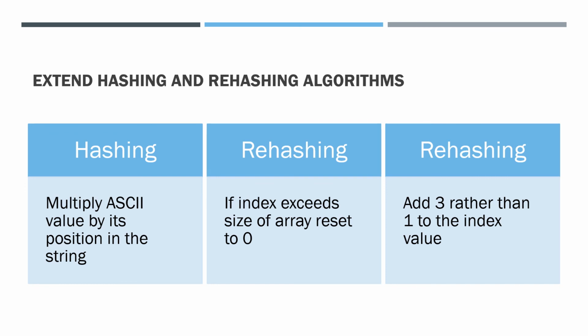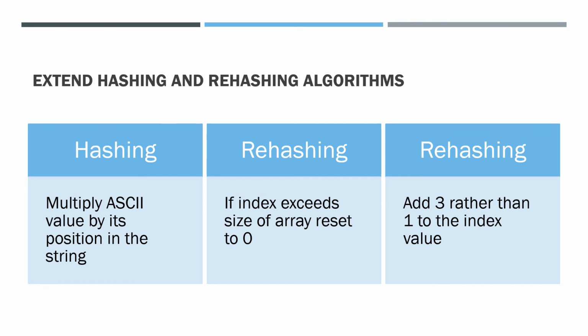When you're doing the rehashing algorithm and counting through the array until you find an empty space, you could hit the end of the array because we're simply adding 1 to I each time. So if you reach the end of the array, reset I to 0.